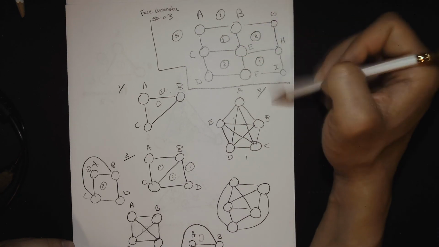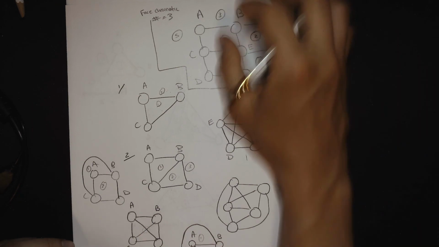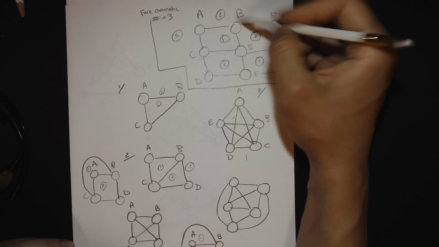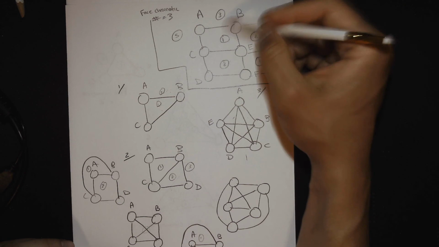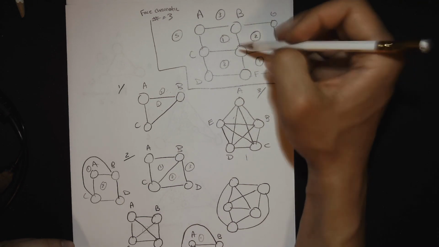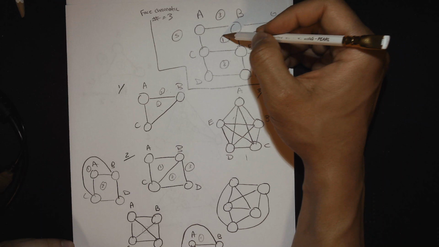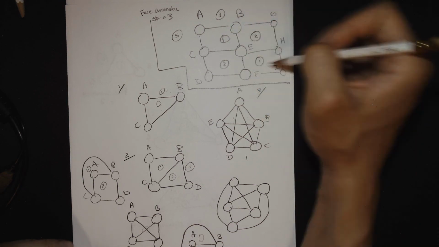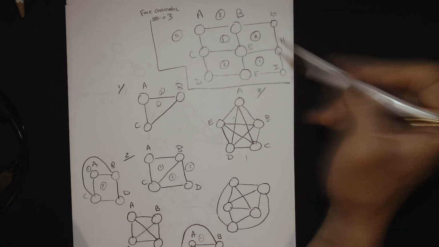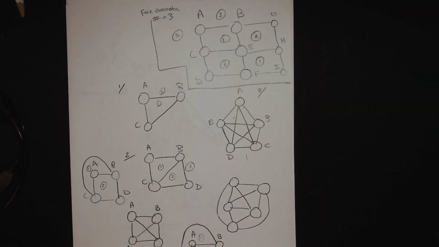And then this face is not adjacent to one of these four faces, so we're able to reuse for it one of the labels for those faces, and therefore we successfully did the labeling with just 3 colors. So this graph has a face chromatic number of 3.